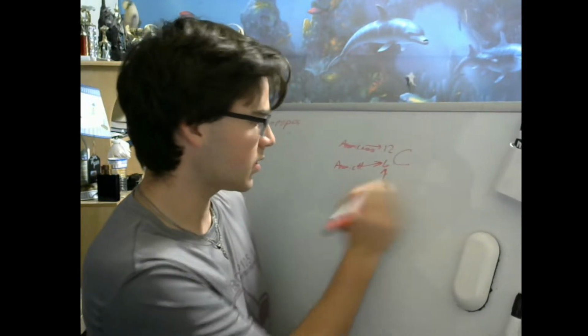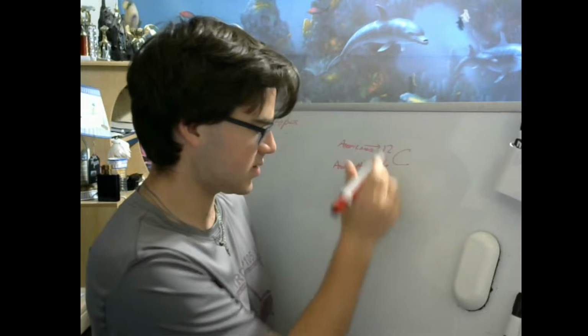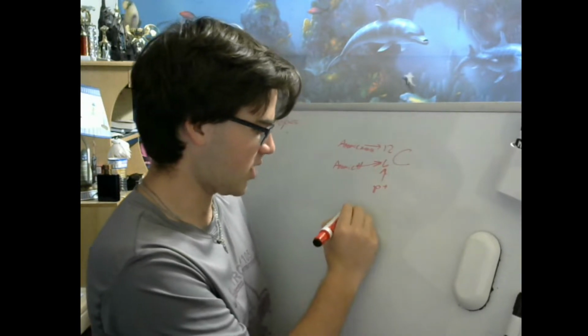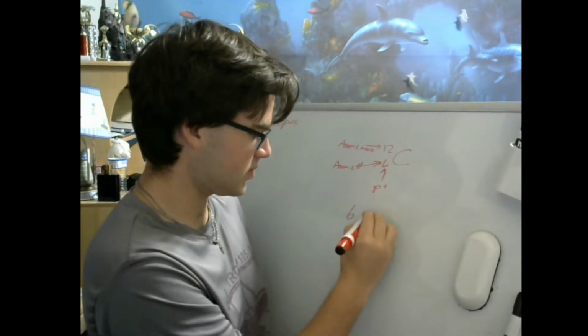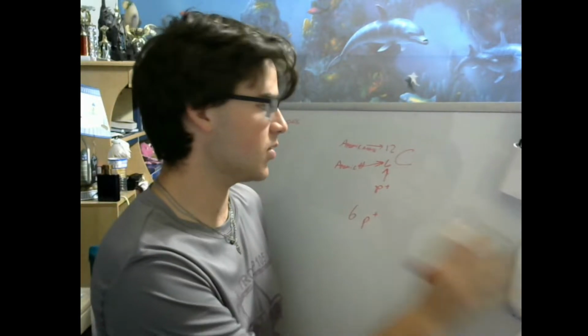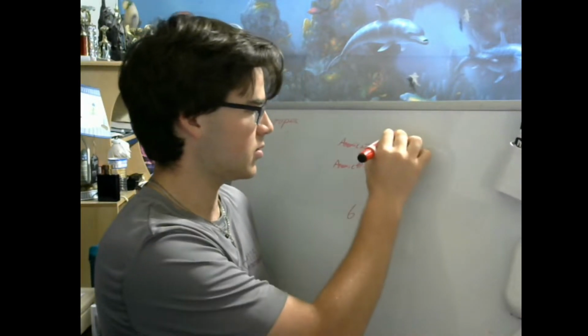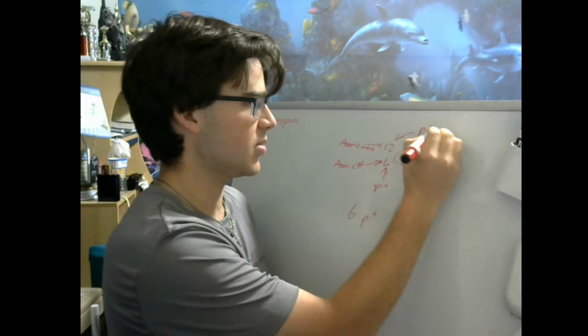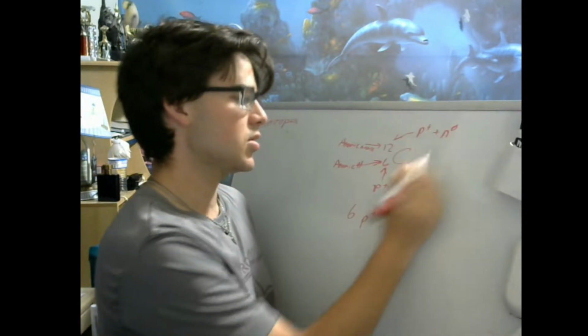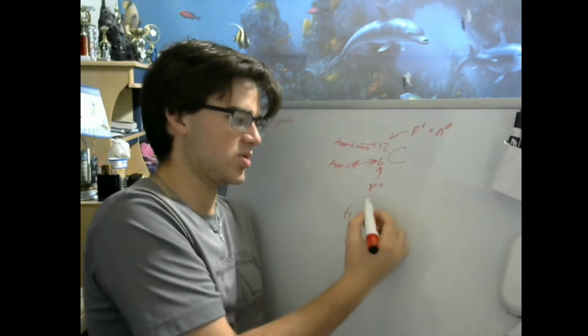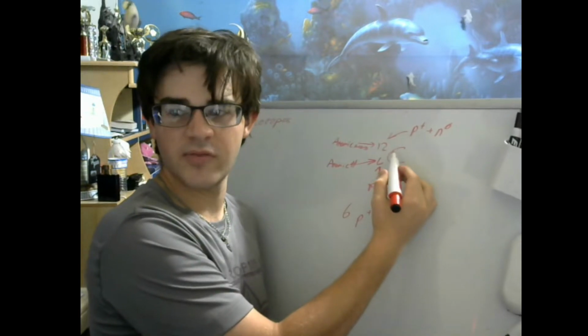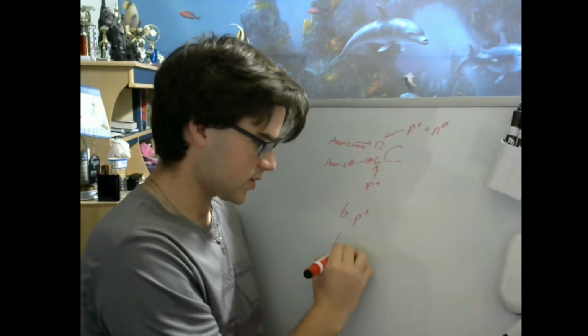So we know that this version of carbon has 6 protons, and we know that the atomic mass is the protons plus neutrons. So if there's 6 protons, there's 12 of both of them, we know that there's 6 neutrons.